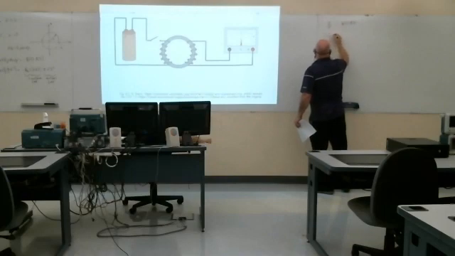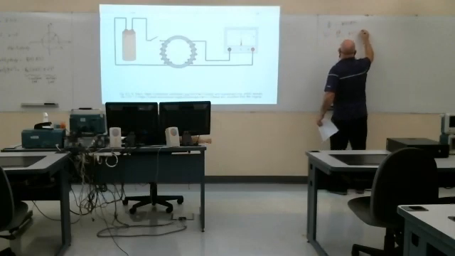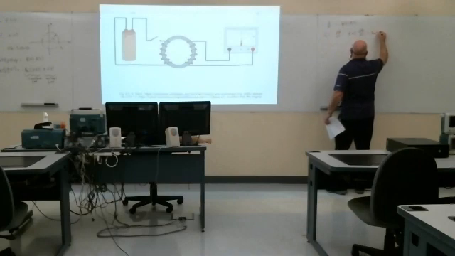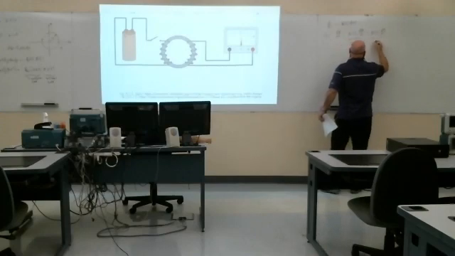The gap, I think he has it here, and it's the negative time derivative. So that would be A T dB dt plus B T dA dt. And really it's this part that's the transformer EMF, and this part that's the motional.